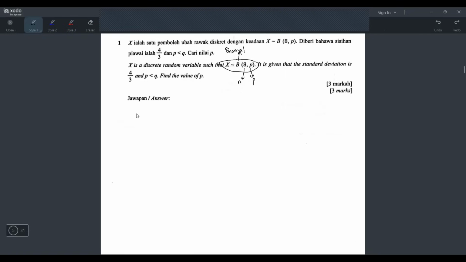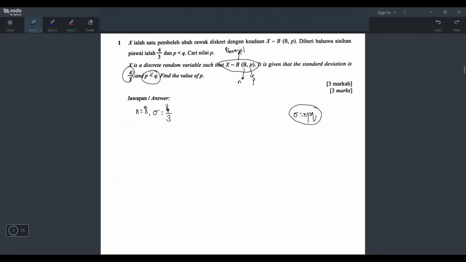We already know the n is 8. But the p we don't know, because they never gave it to us. p stands for probability of success. Let's see what it says here. It is given that the standard deviation is 4/3, so standard deviation equals 4/3. It means later we can use the standard deviation formula, which you learned in binomial distribution. And then they say p is less than q.